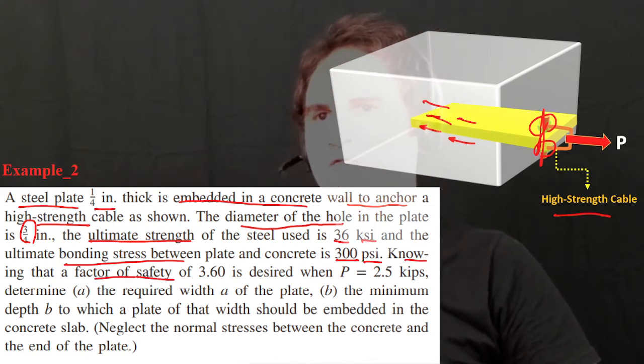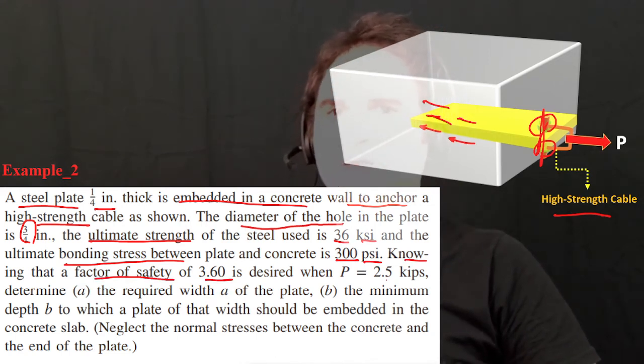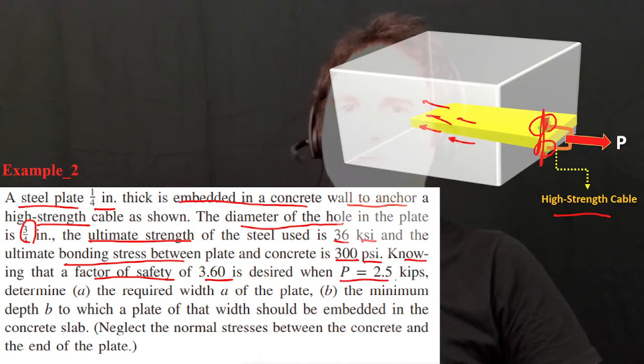The factor of safety for the entire system is 3.6 when the pulling out force is 2.5 kilopounds.